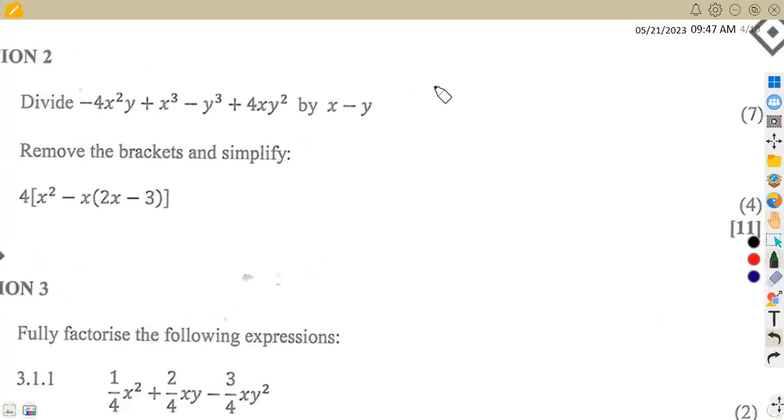So that is going to be 2.2. So you're going to remain with the 4 into, we start with the inner bracket. So the inner bracket is this one that is affected by minus x. So we are going to have x squared. Then we multiply negative x times 2x. This is going to be negative 2x squared.